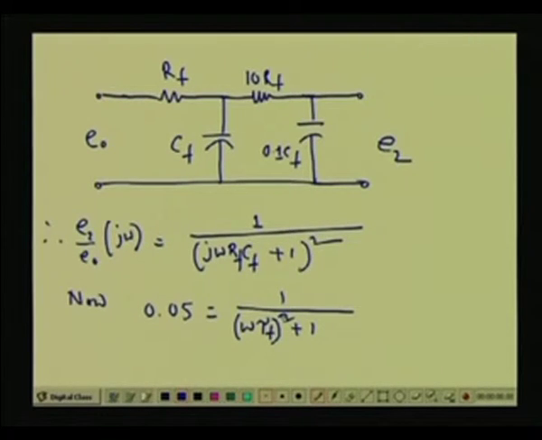So, tau f will come up as 0.0000731 second.